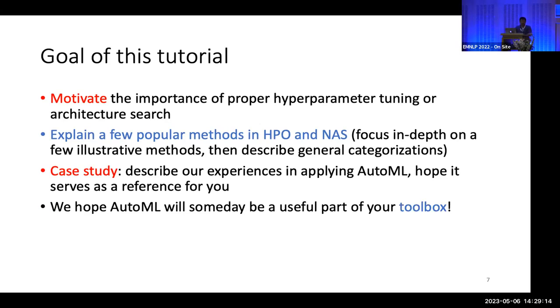Maybe it's already part of your toolbox, but I can kind of see this happening in the near future. Like nowadays, we all use PyTorch, right? We basically have these auto differentiation toolboxes, right? We never need to do CUDA code. But probably maybe in the future, we all have AutoML, like you import AutoML, import PyTorch, and then that's sort of how we do things.